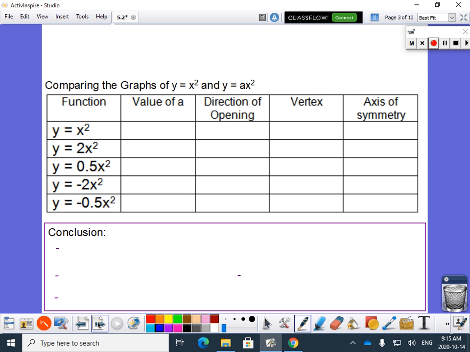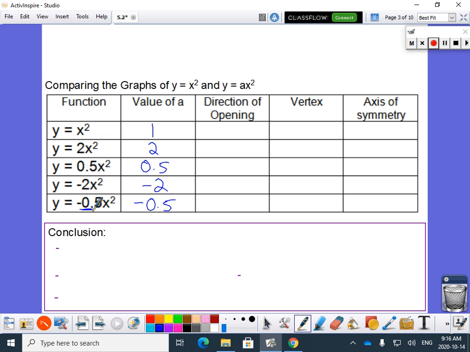Okay, so if we have y equals x squared, what is the value of a? Where's our a again? Right here, right? Right in front of our x. So for this guy, what is it? Okay, 2 here. Are we okay with being able to pick that out?